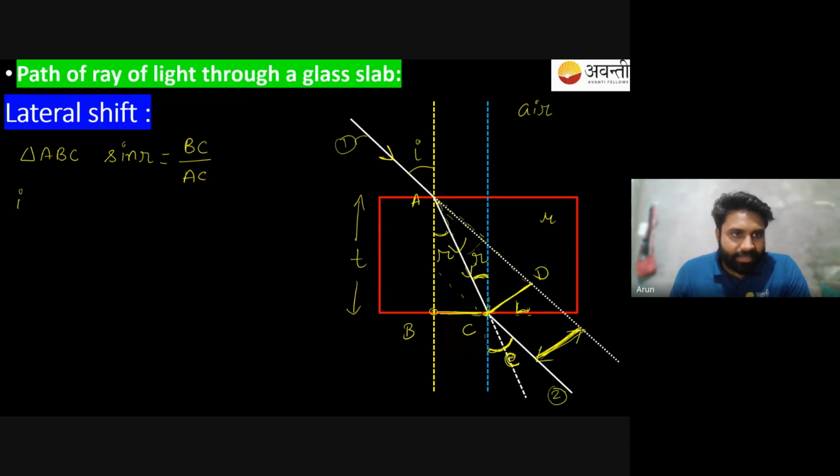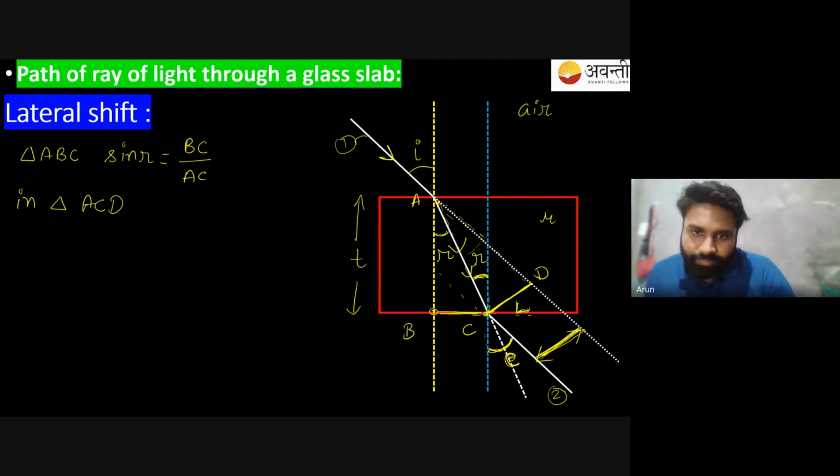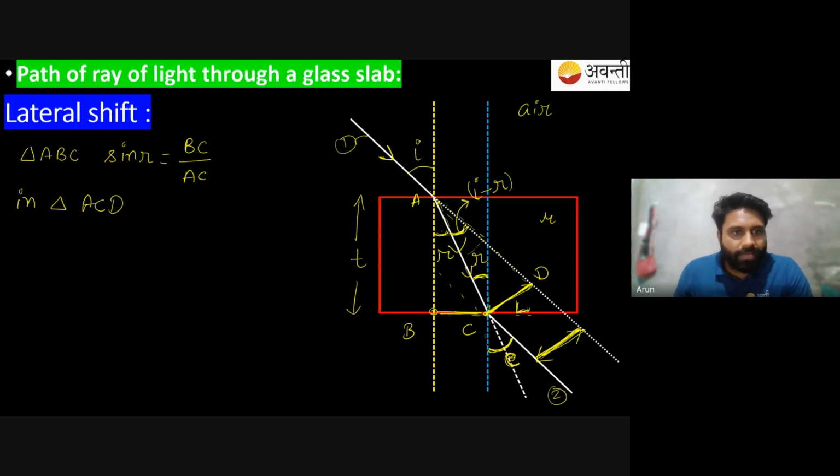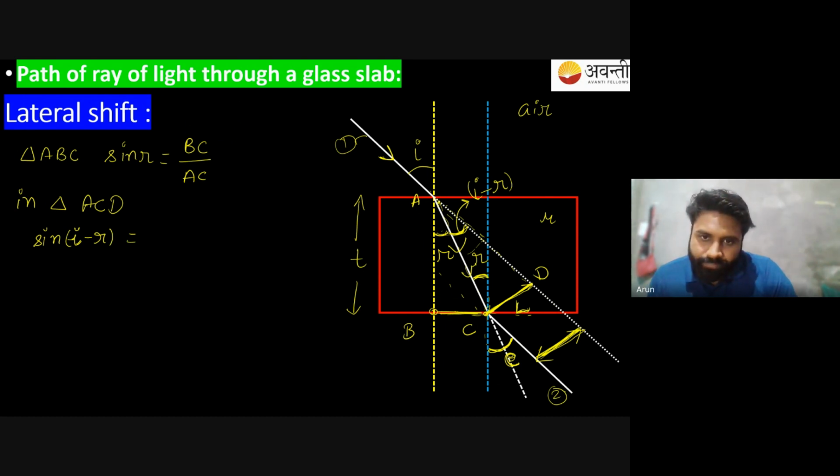And in triangle ACD, again we apply this because we are interested in this length L. This angle is nothing but I minus R, because the total angle is I, this angle is R, you can see, so what is left is I minus R. So if you apply sine of I minus R, it equals the perpendicular CD over the hypotenuse AC. Got it?